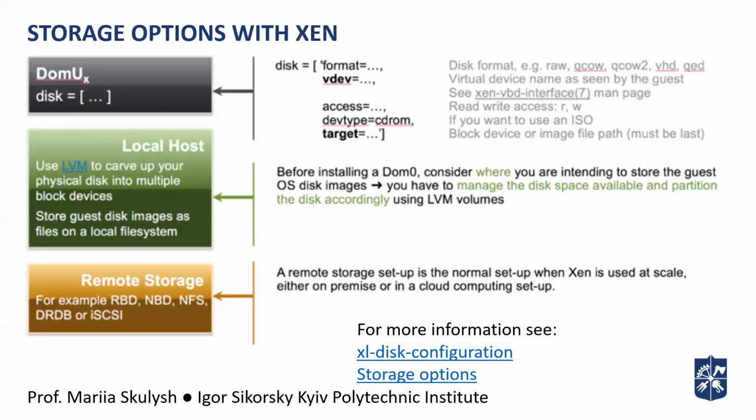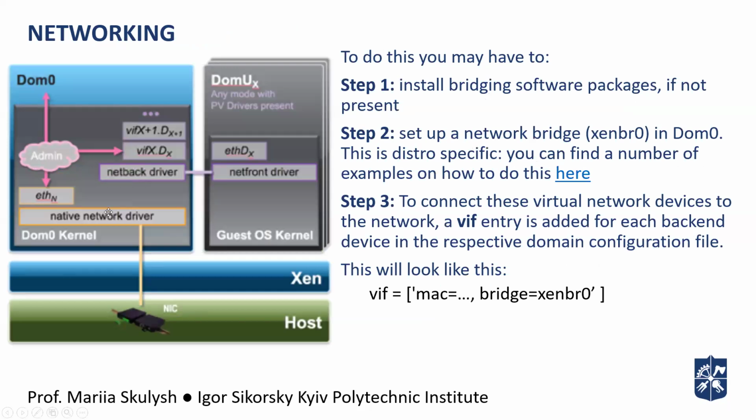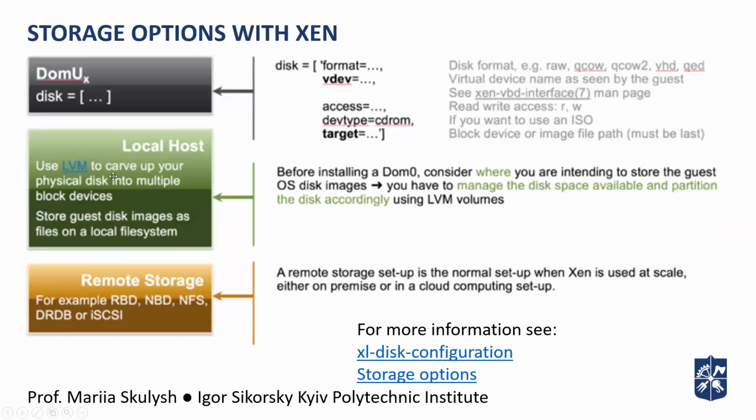On this slide, we have some storage options with Xen. Maybe it is not so interesting, but sometimes we don't remove storage. For example, for an LVM system, the guest storage is disk images in files on the local file system.